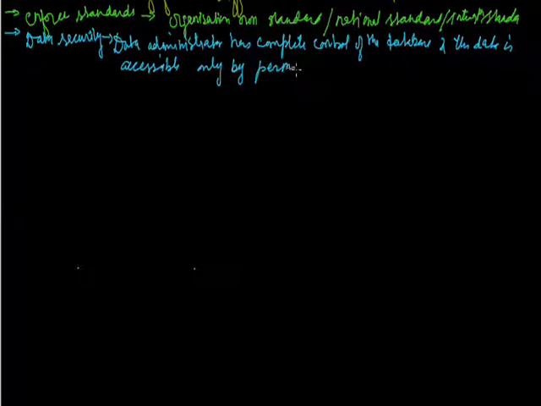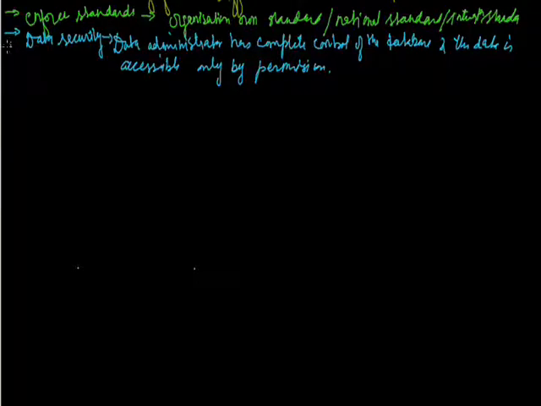If the administrator doesn't allow any user to use the data, then the user cannot use it. So this is again one of the good features of using a DBMS. The authority to use and to modify, all these authorities are given only and only by the database administrator.